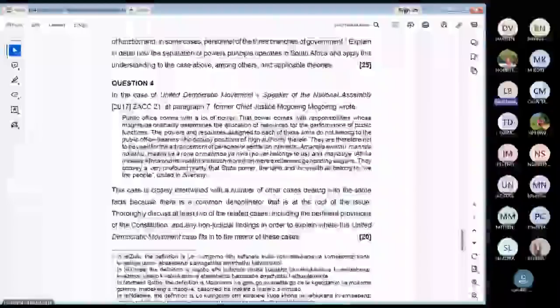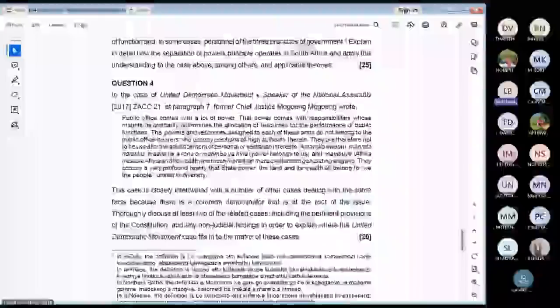I don't know what my other peers think, but I'm following you with those 2 cases, that the UDM case and the Economic Freedom Fighters versus Speaker of the National Assembly 2016 case are intertwined.